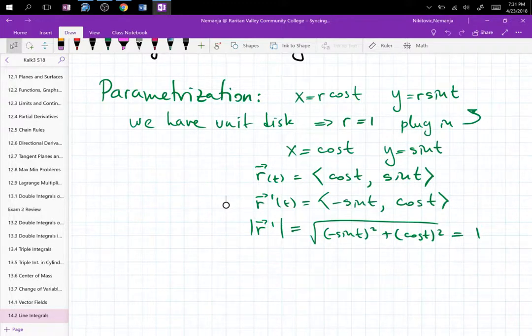I did not use r and theta. I used t instead of theta. But we still should know that we are parametrizing. So as a part of the parametrization, I'm going to add that t is between 0 and 2 pi.